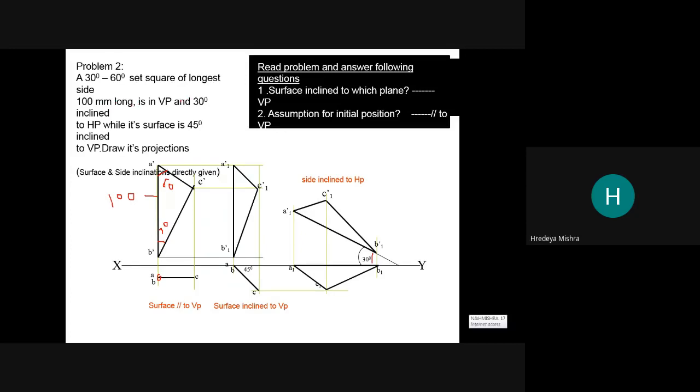It is inclined at 30 degree to the HP, and what happened? This line is also on the VP. So AB is the longest line, which is on the vertical plane, so it is on the XY line. So you get the projection for that.